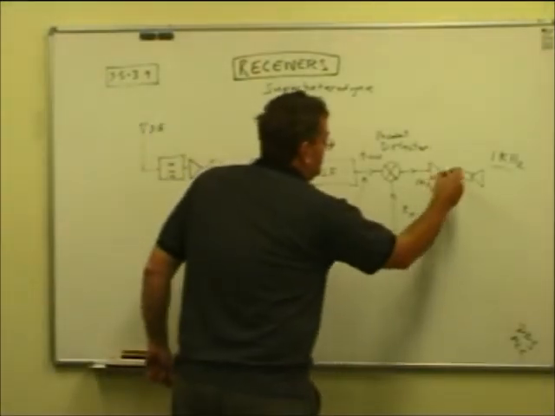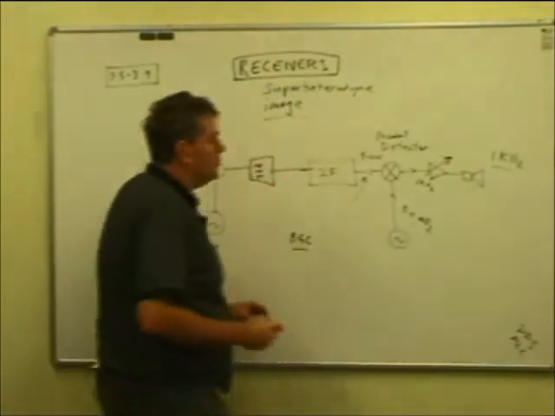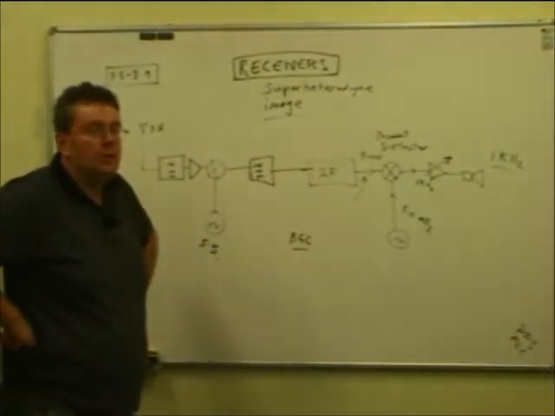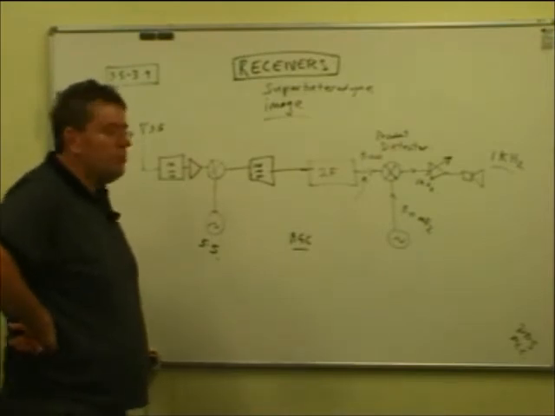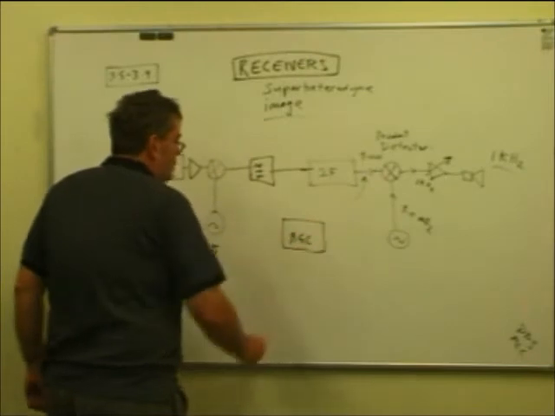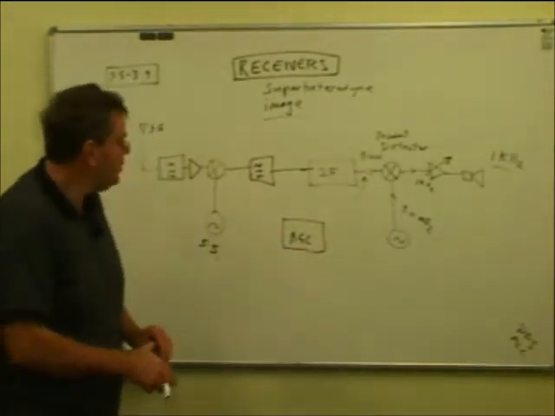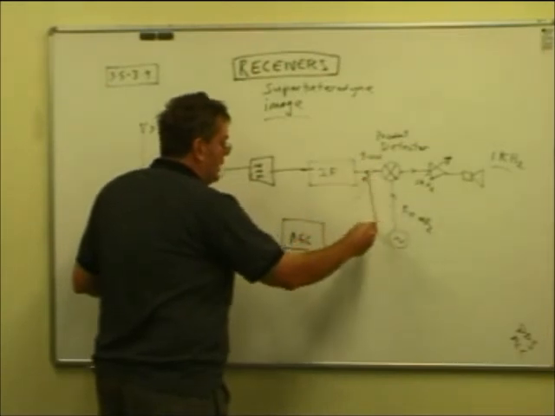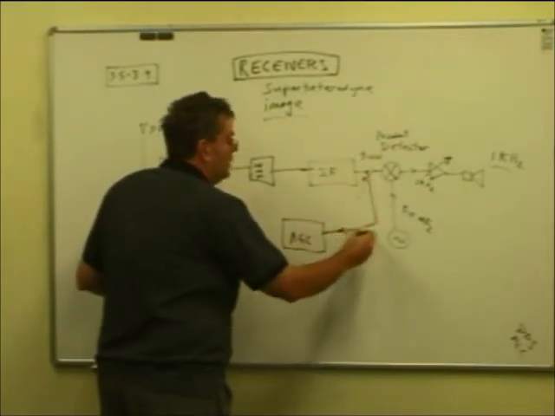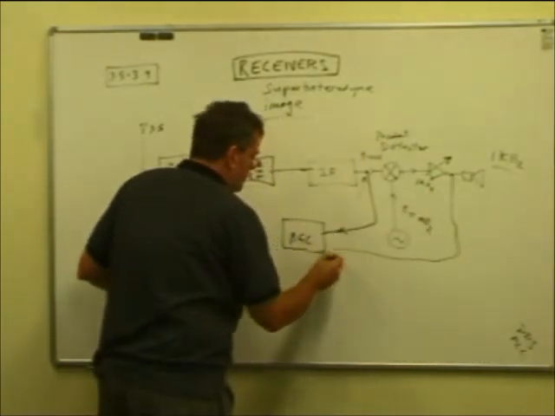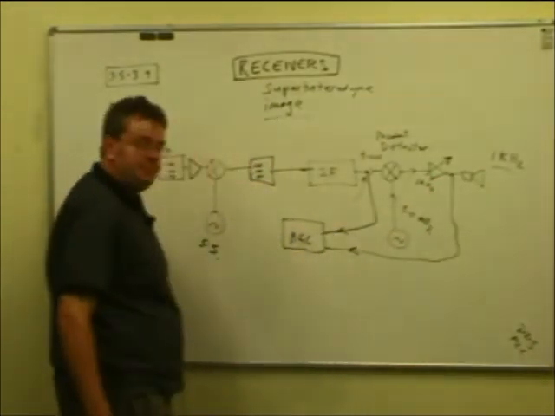I forgot to mention that. Audio frequency gain is the volume control. It just adjusts how much amplification your audio frequency amplifier has. So what we do is we have a block here called AGC. The AGC is a bit of circuitry that looks at how strong the signal is coming out of either the IF amplifier, or it can be done from the AF amplifier, one or the other.